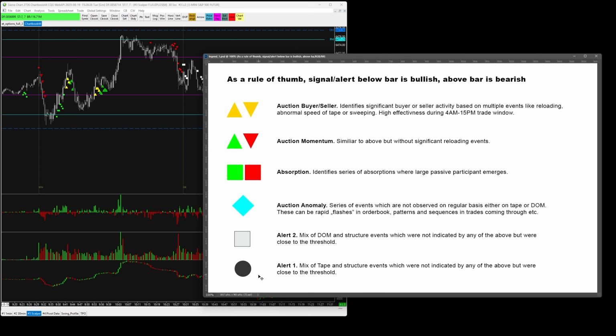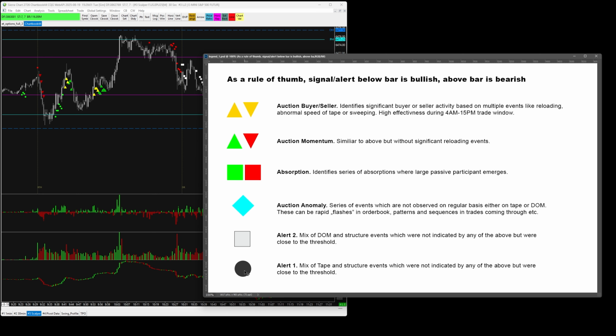But it doesn't mean that these will perform better or worse in the same conditions. Obviously, again, the context and the conditions are crucial here. But in general, these are the strongest, and then the lower you get, the single signals are a bit less significant.